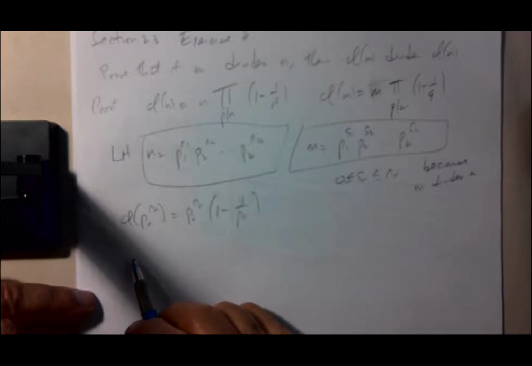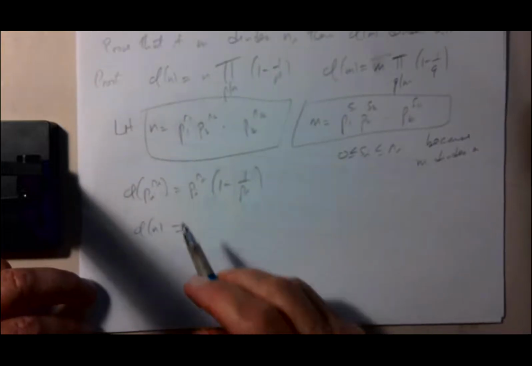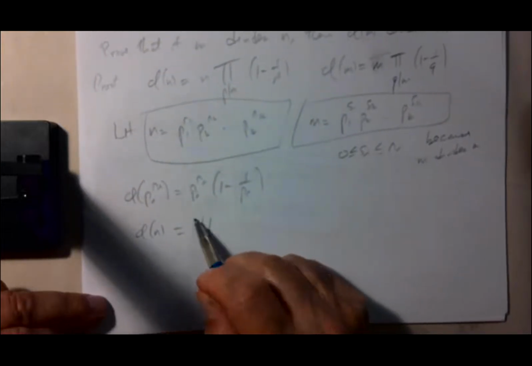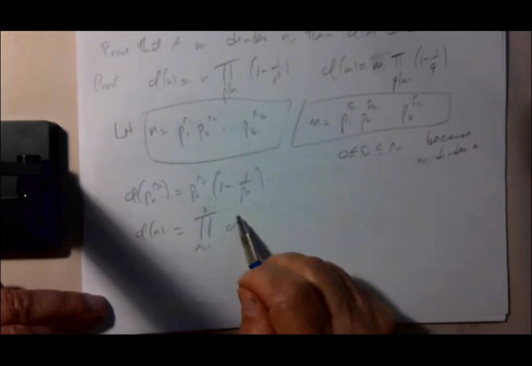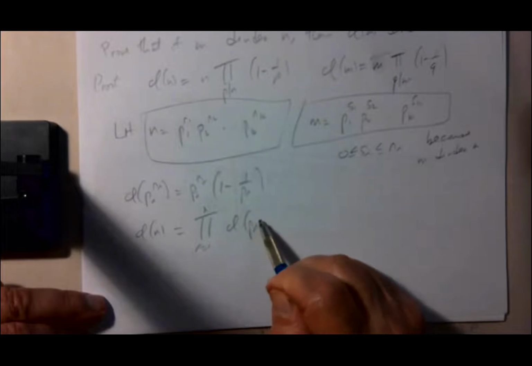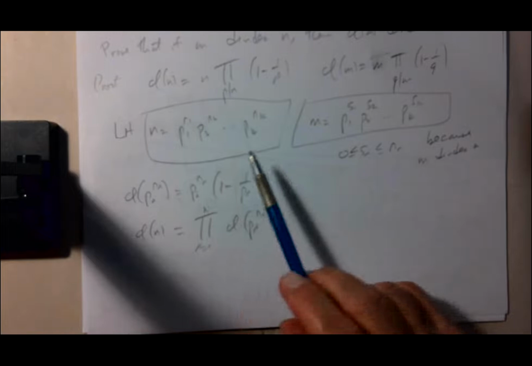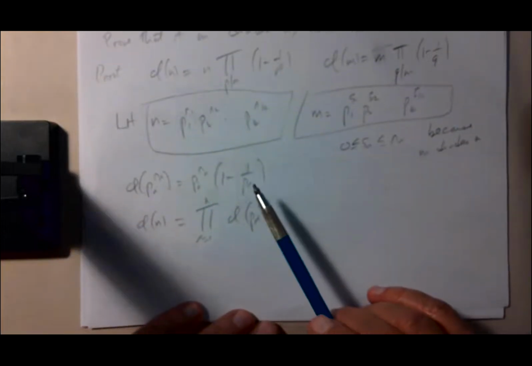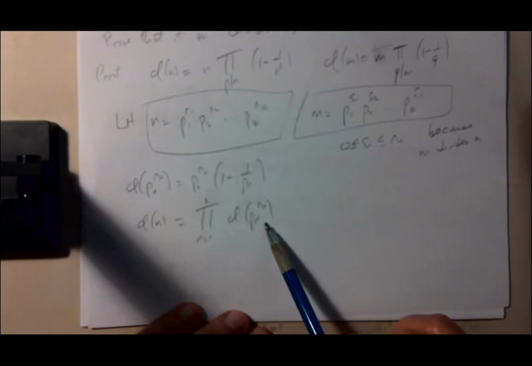And phi of n, because phi is multiplicative, is the product, i goes from 1 to k, of phi of p sub i to the r sub i. Right? So we need to know the basic facts about the Euler phi function. This is phi of a prime power, and phi is multiplicative.